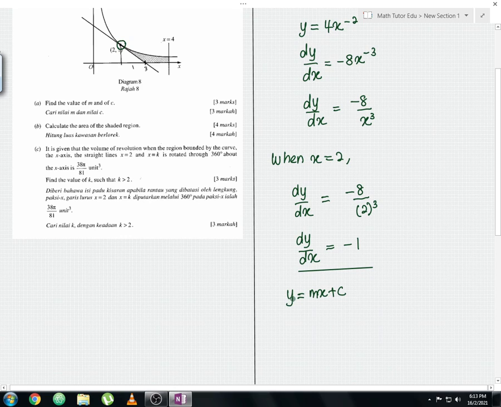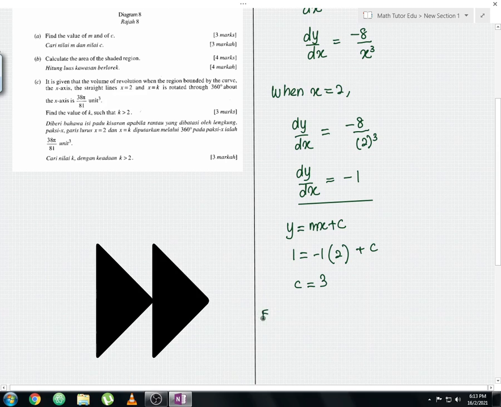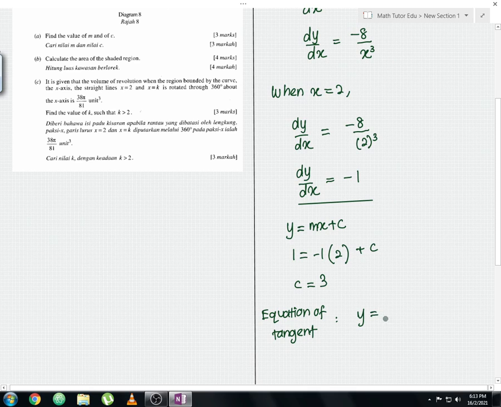So the y is 1, equal to gradient m is negative 1, the x will be 2, and then you plus the c. So from here you get c will be equal to 3 in this case. So from here you should know that your equation of tangent will be y is equal to negative x plus 3. Okay, so this is your second step. Okay, let me underline this.